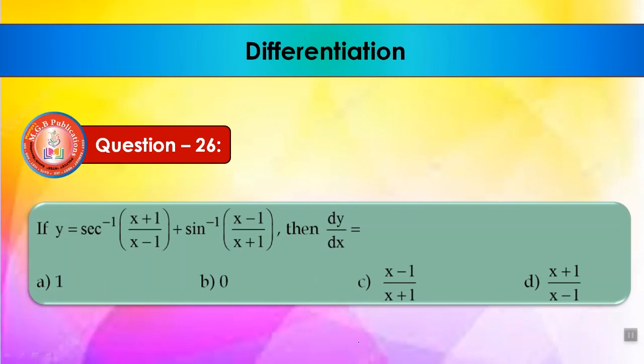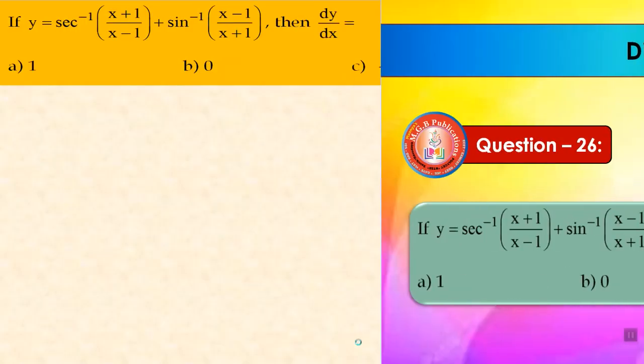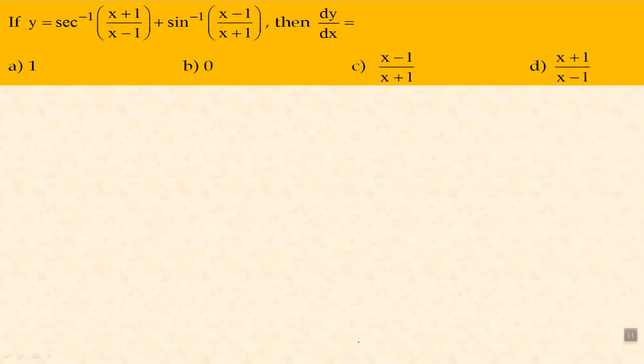Dear students, see the question number 26. Read the question and write it. The question is, if y is equals to secant inverse of x plus 1 divided by x minus 1 plus sine inverse of x minus 1 divided by x plus 1, then dy by dx is equals to, options are 1, 0, x minus 1 by x plus 1, x plus 1 by x minus 1.